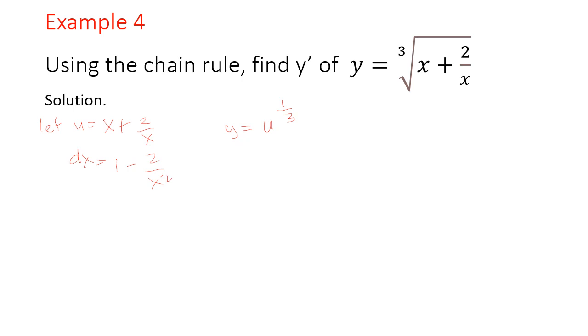Then you have dy all over du equals 1/3 u to the power 1/3 minus 1, or 3 all over 3. Or dy over du equals 1/3 u to the minus 2/3.